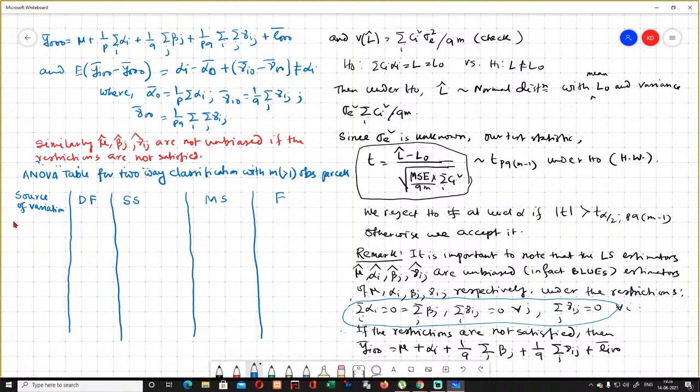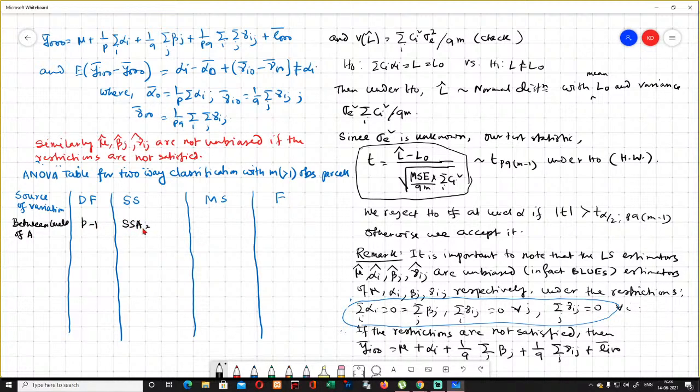Between levels of A, the degrees of freedom is p minus 1, with SSA.